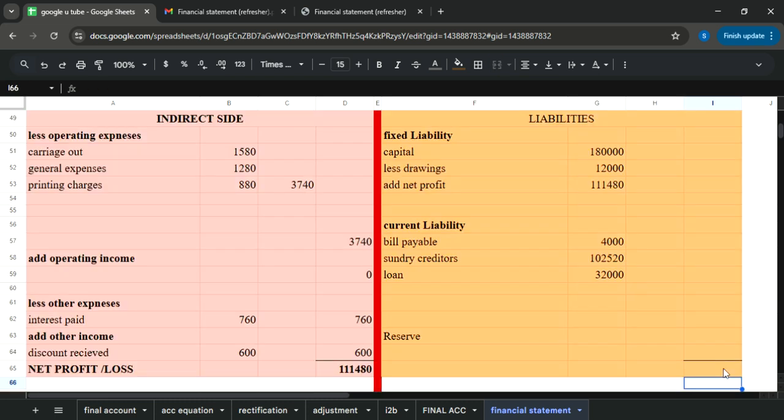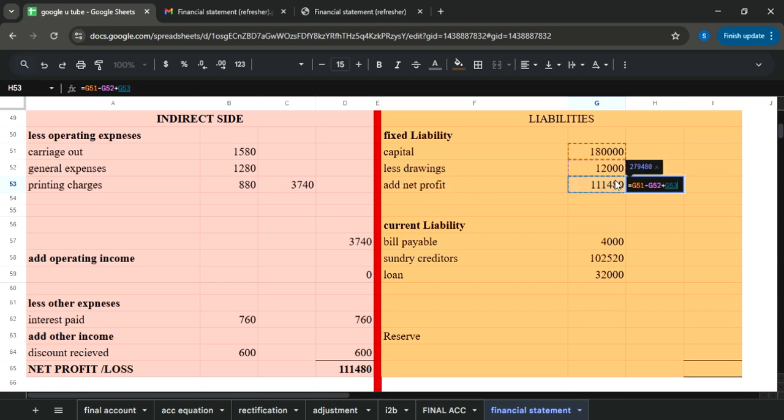Now we will go to calculate lower side. There are three items related to capital, and look at here, drawings are to be subtracted 12,000. Net profit is to be added.